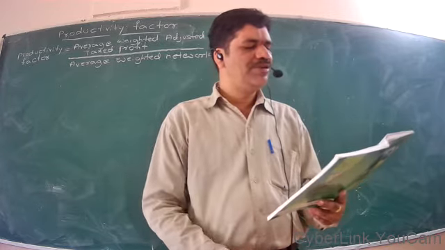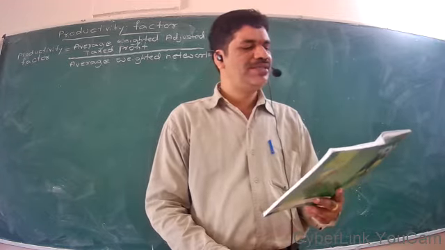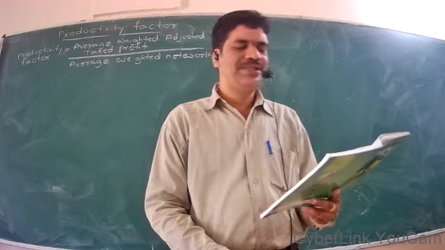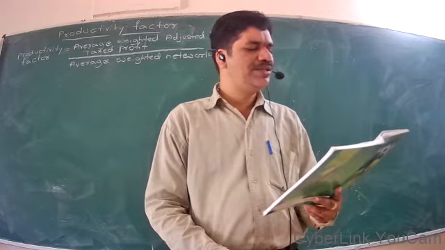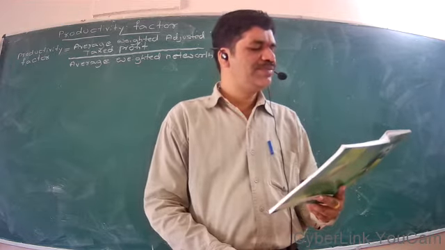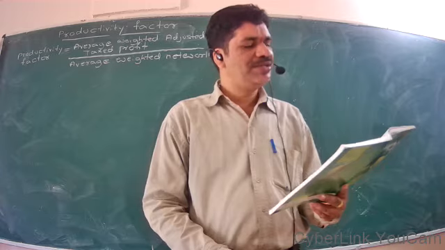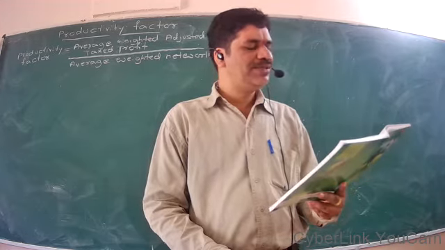So here, information pertaining to average net worth and adjusted tax profit is given year-wise. 2010: average net worth excluding investment 18 lakh 60,000, and for the same year, adjusted tax profit is 1 lakh 90,000.